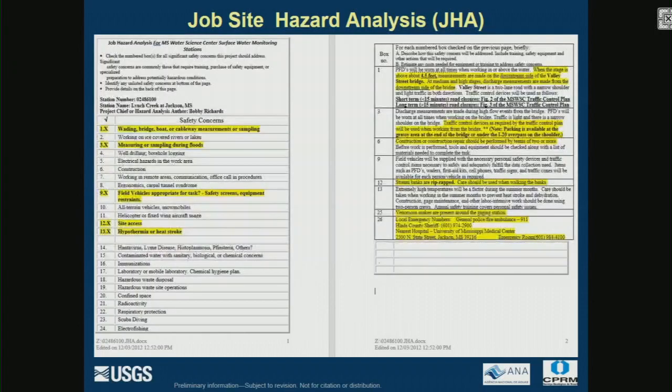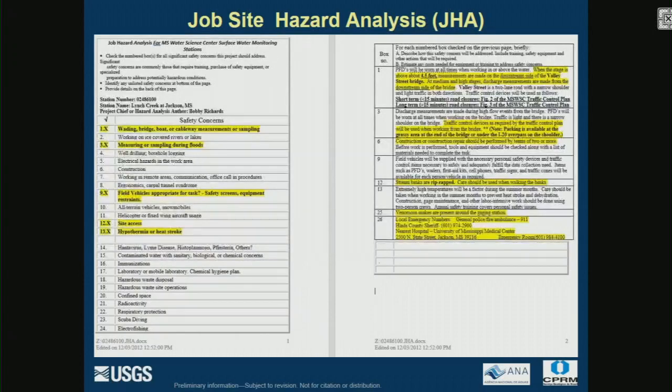Here it's got when the stage is above 4.5 feet, measurements are made on the downstream side of the Valley Street Bridge. At medium stages and high stages, discharge measurements are made from the downstream side of the bridge. Basic stuff. Stream banks are covered with riprap.